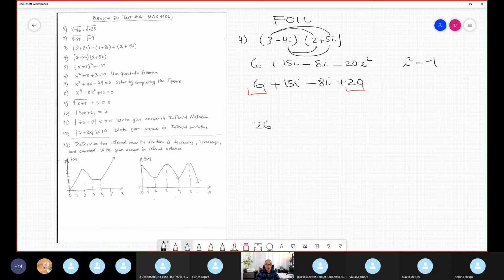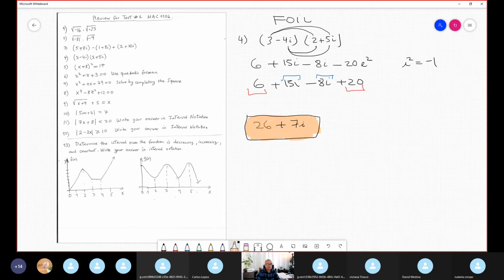And we combine imaginary, 15 positive, 8 negative, 7 positive. Final answer. Easy, eh?